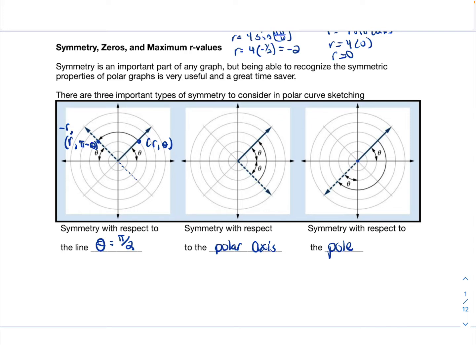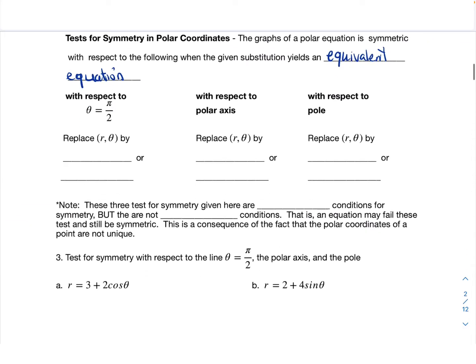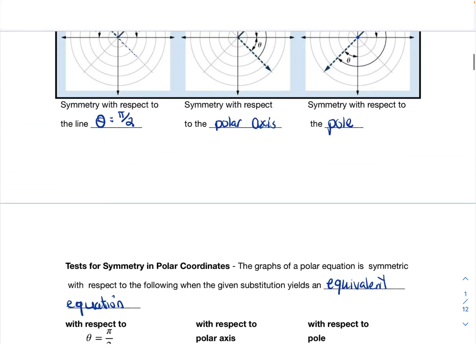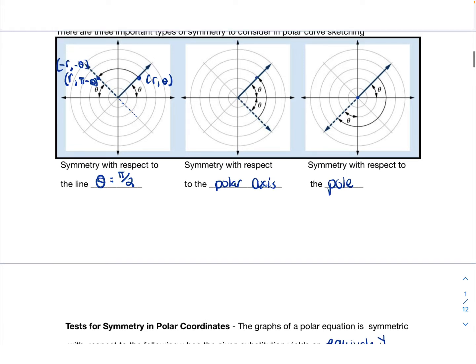Now, what if I did the opposite r? Well, that means my graph needs to plot down there in quadrant 4, and so that means theta needs to be negative theta. So to test for symmetry with respect to the line theta equals pi over 2, it's going to be (r, pi minus theta), or (negative r, negative theta).